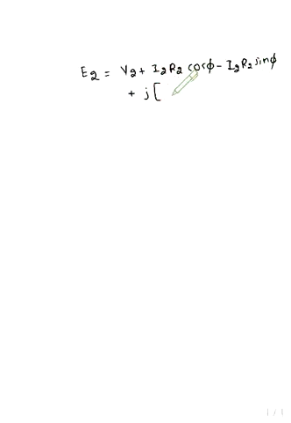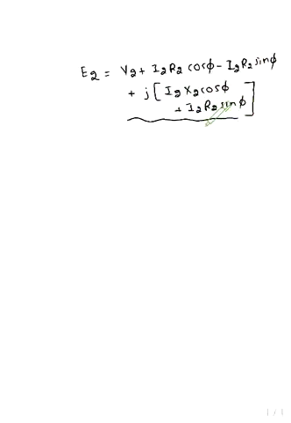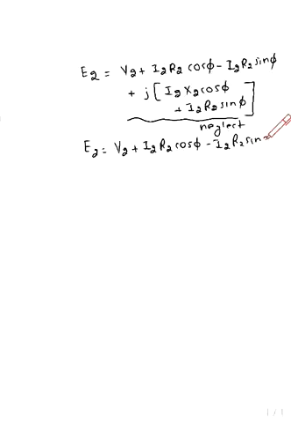The imaginary terms would be I2 X2 cos phi plus I2 R2 sin phi, but we neglect these because their value is nearly zero. So we can write E2 is equal to V2 plus I2 R2 cos phi minus I2 X2 sin phi.